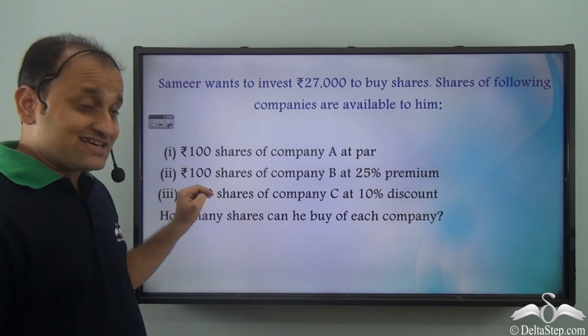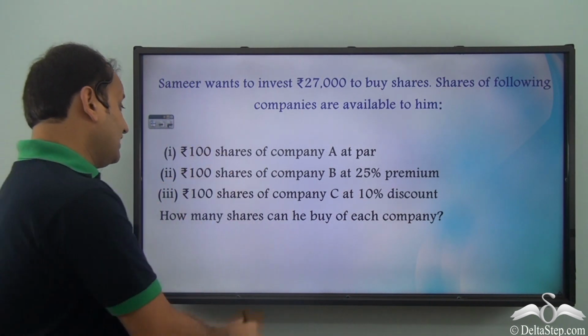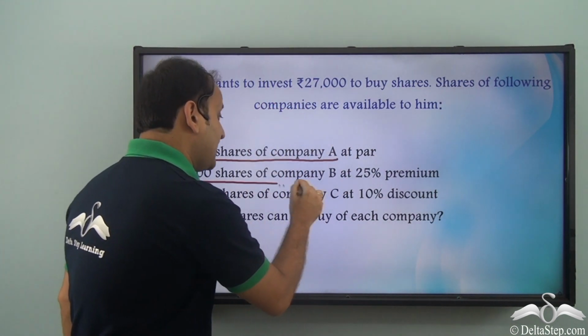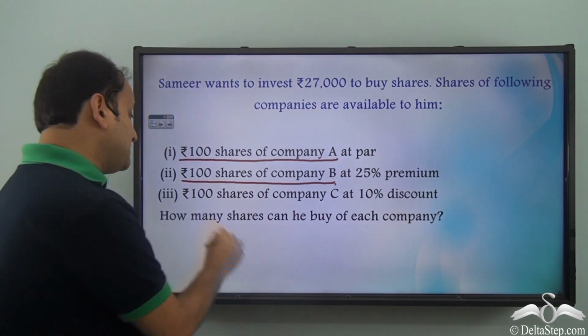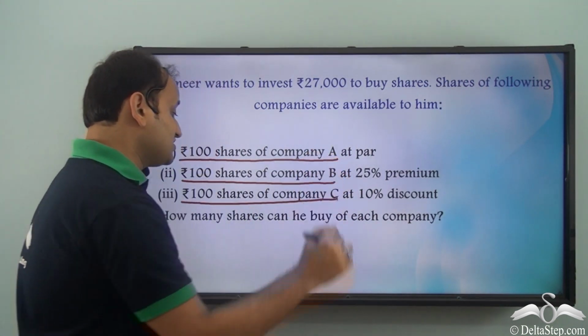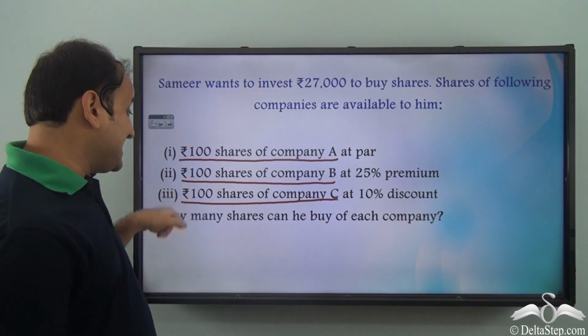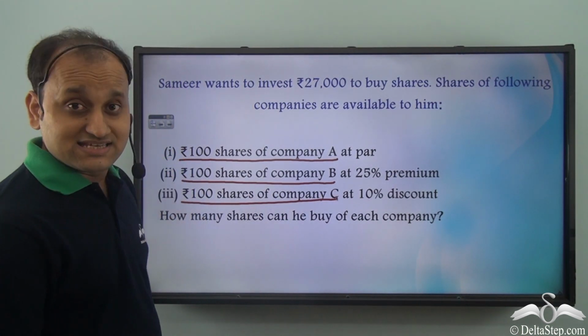In all the three cases, what do we see? Well, rupees 100 shares of company A, rupees 100 shares of company B, rupees 100 shares of company C. So nominal value is the same in all the three cases.